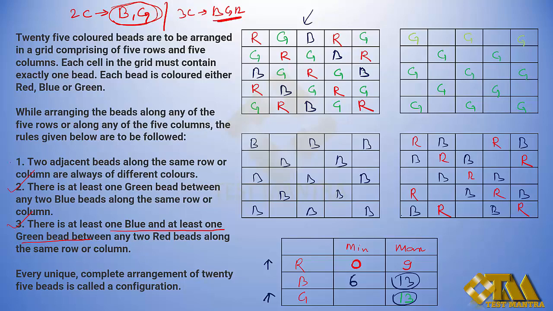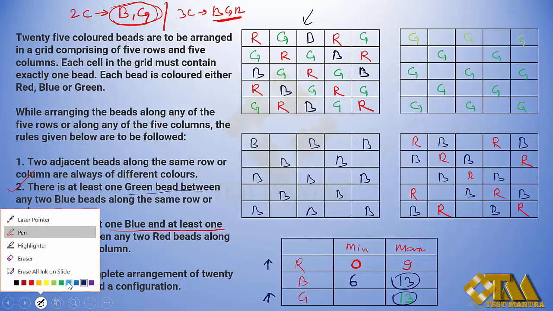So let's see, if I want to insert greens here, what are my possibilities? It's already given that there is at least one green bead between any two blue beads along the same row and same column. So now suppose we take this one, I'll insert a green here.